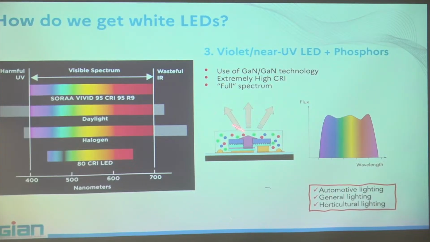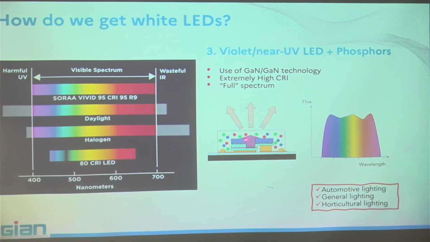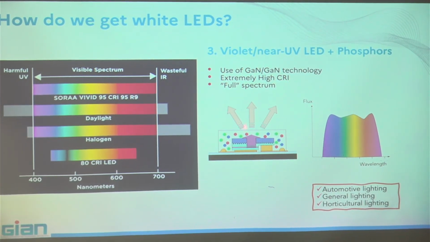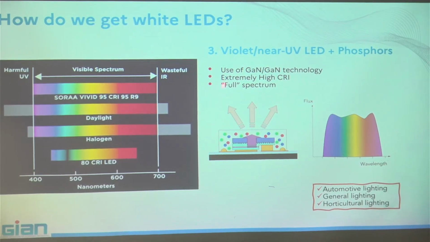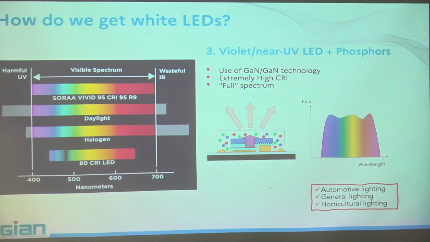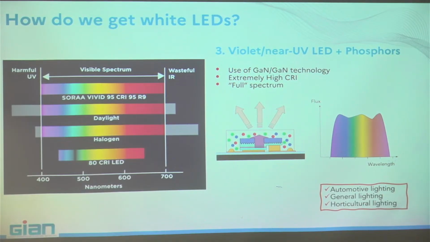They use violet LED chips, no more blue, and on the top they put three kinds of phosphors, green, blue, and red, and they can get a very flat spectral distribution, and this is a very good white light.